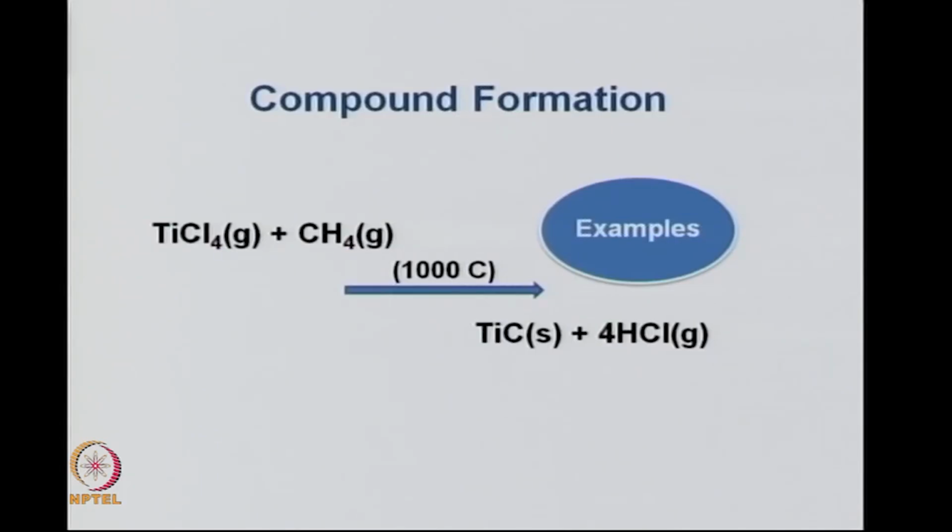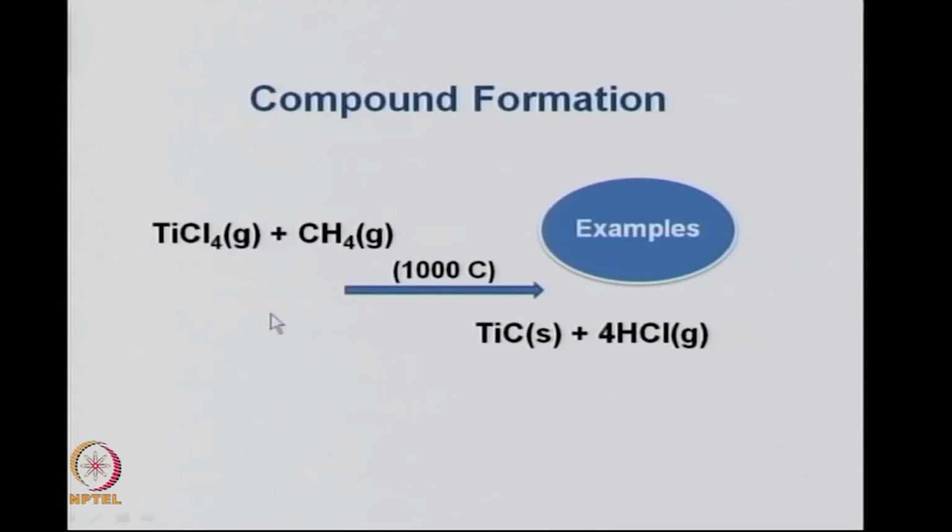The next methodology is the compound formation methodology, where the example that we show here is titanium tetrachloride reacting with methane. There are two gases, titanium tetrachloride and methane, which are brought together near a substrate at a temperature of 1000 degrees Celsius, and at that temperature titanium carbide, which is a solid, will deposit on the substrate and form a film.